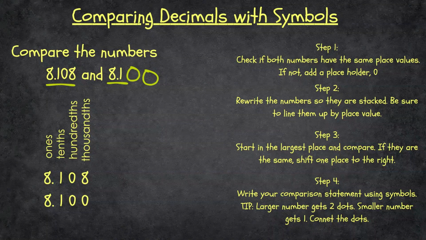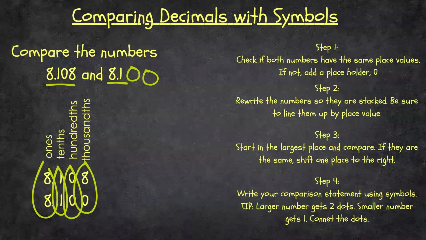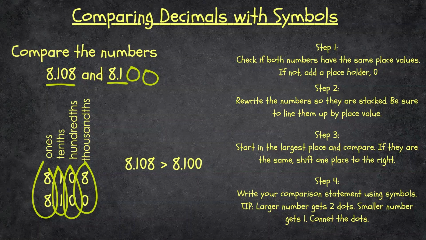Hopefully, you noticed that they were the same in the ones place, the same in the tenths, the same in the hundreds. You had to go all the way to the thousands place before you could find where the numbers were different. 8 is going to be bigger than 0, so when you wrote your comparison statement, you should have gotten 8 and 108 thousandths is greater than 8 and 100 thousandths.